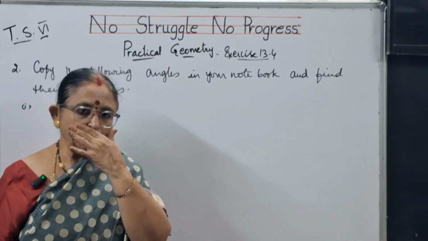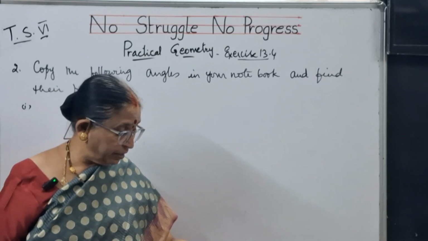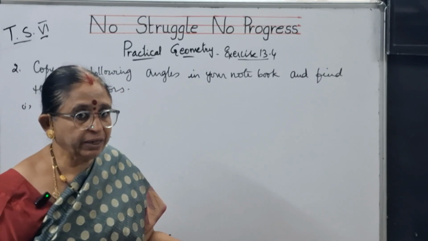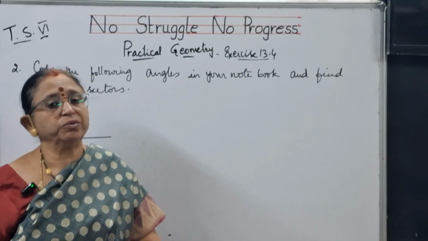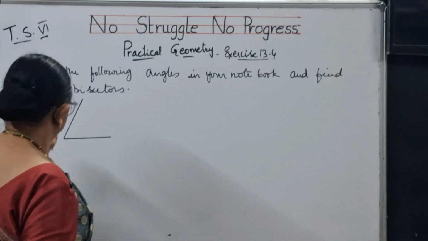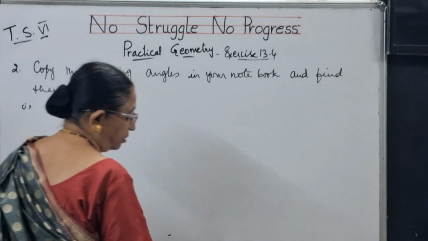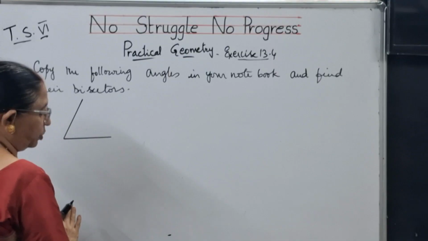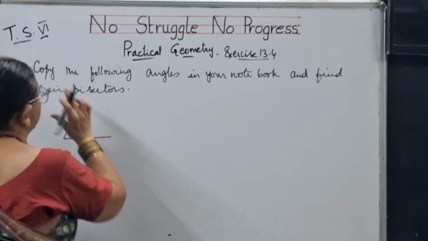Copying means what you have to do is you have to measure that angle with the help of protractor in your textbook, and you have to do, children. But that I am unable to do it. Here I cannot measure and do it. So that is why what I am doing is approximately I am drawing an angle. He is asking to copy.